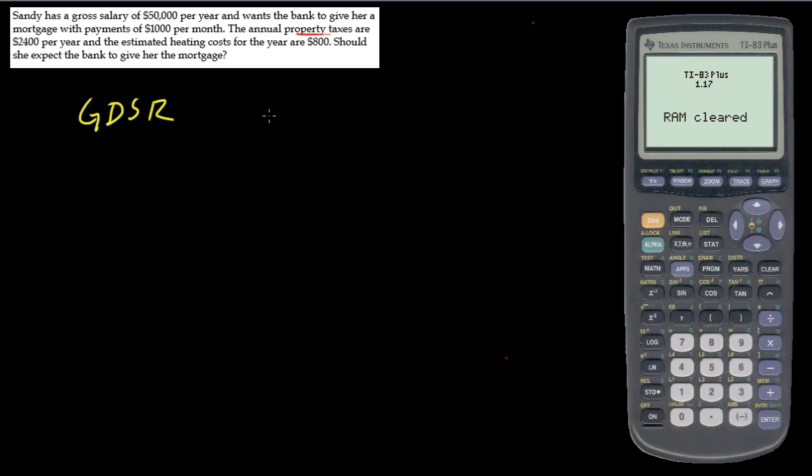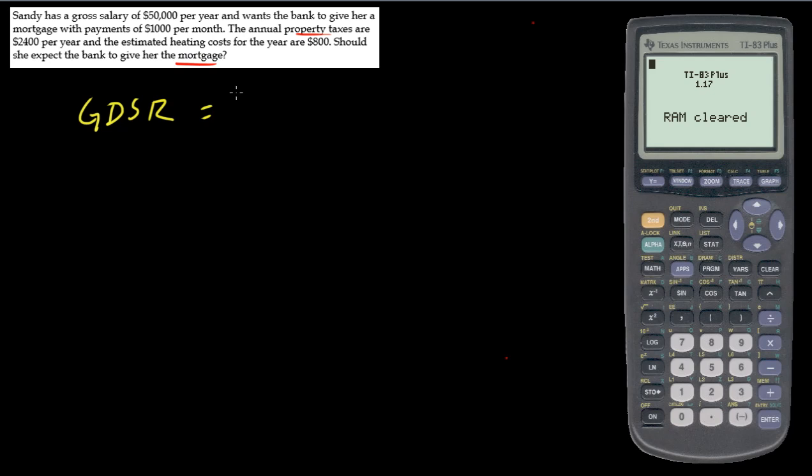All of these things are embedded in our GDSR. That's in our formula, and that's how we have to identify that that's what we're going to use. Also, they're asking, can the bank be expected to give her a mortgage? GDSR is used for mortgages, not general loans.